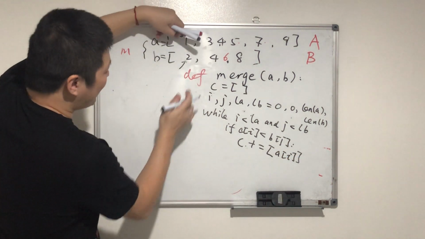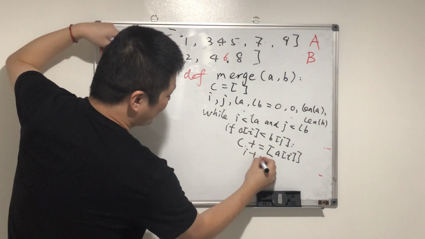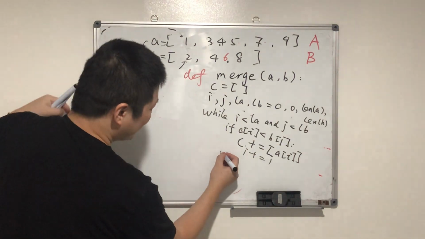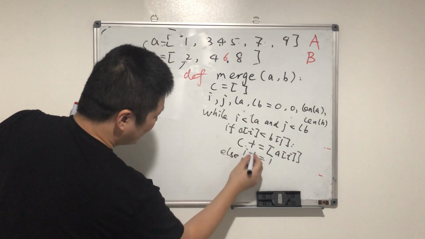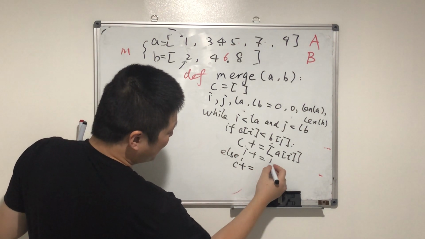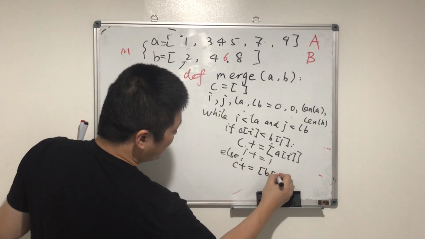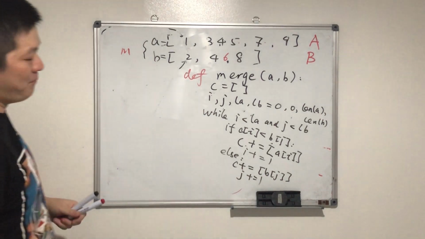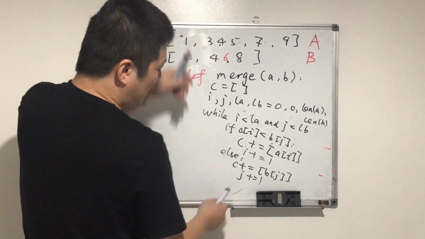So we put this one there, and then I plus equals 1 and move this left. Otherwise, A[I] will be bigger than B[J]. Now we need to put B[J] there, and then J plus equals 1. Okay? Now, do you have any return?